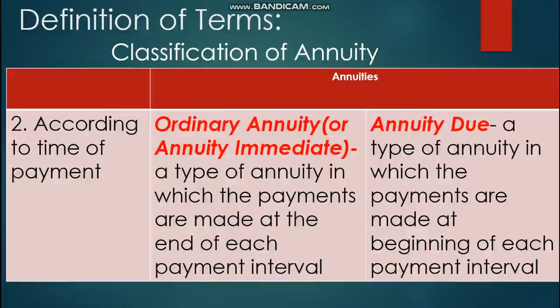For example, kung monthly magbabayad ka and yung simula ng payment interval mo is today, kung ngayon ka magbabayad, that is annuity due. Pero kung for example, January 1 to January 30, pag January 30 ka nagbayad, ordinary annuity. Kapag nagbayad ka January 1, annuity due. So yung isa, end of each payment interval, yung isa, beginning ng payment interval.